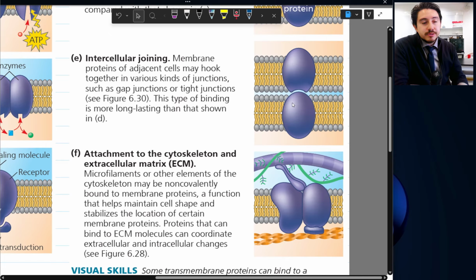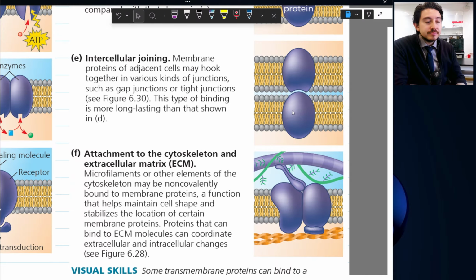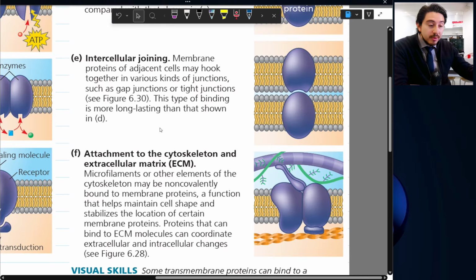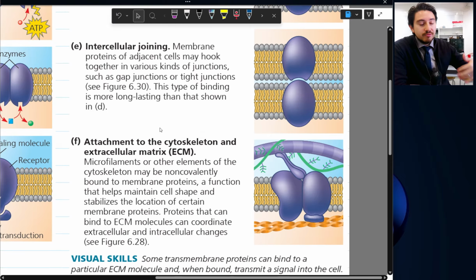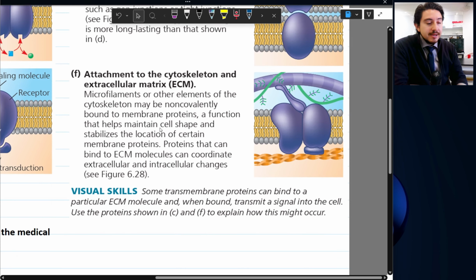And attachments to the cytoskeleton or the extracellular matrix, where they help maintain the shape, stabilize the cell in certain areas, and stabilize certain transmembrane proteins so they don't move around so much. So you can have a coordination of extracellular and intracellular changes. So these are roughly the major groups.